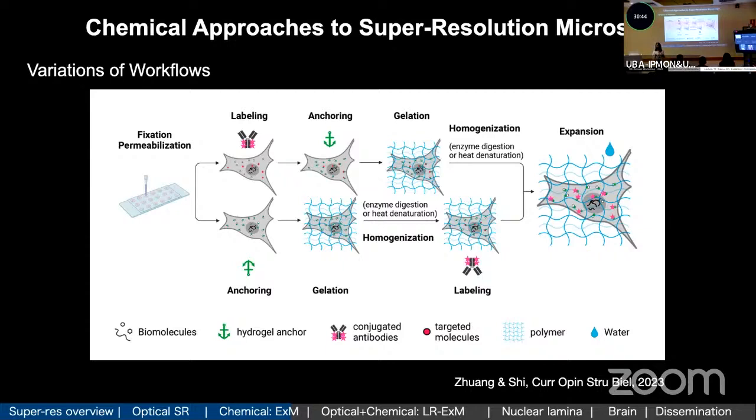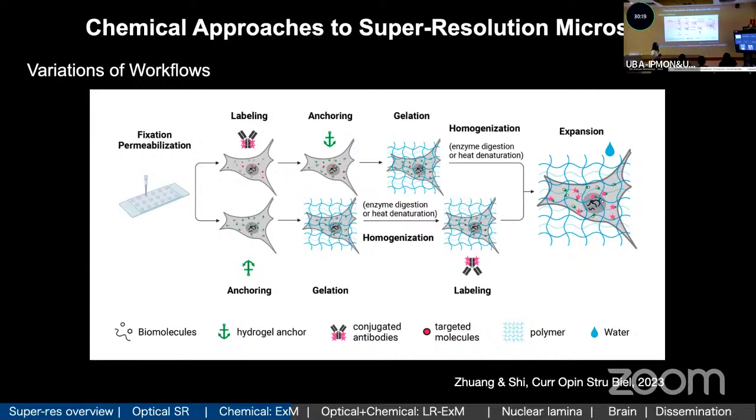It will damage all the epitopes, which won't be recognized by the antibody anymore. So in this step, it's usually a mild enzyme digestion or heat denaturation, so the epitopes are still protected at the end. Hopefully, you won't be able to protect 100%, but to some level, if your protein is abundant or antibodies are good, you can still stain them after the expansion.